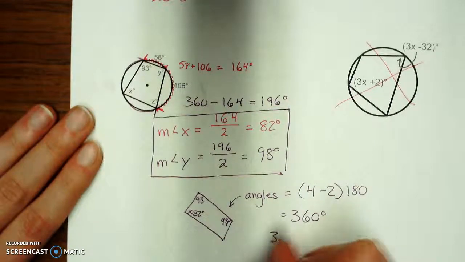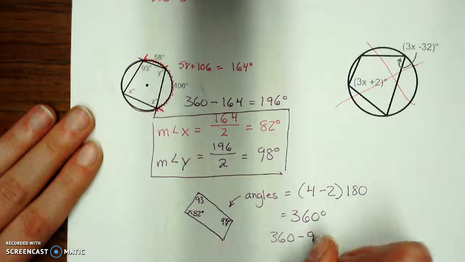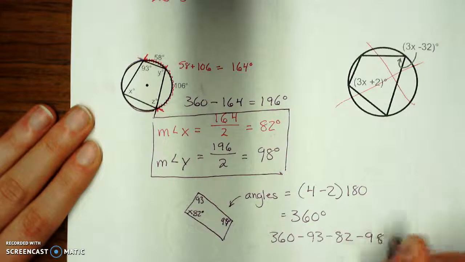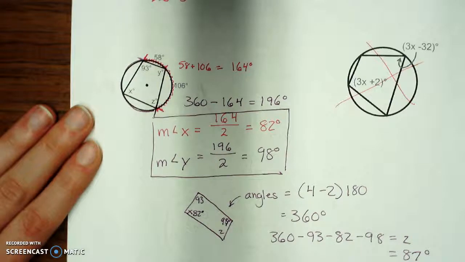So I'm going to take 360, subtract 93, subtract 82, and subtract 98, and I end up with my angle z, the one last one we don't have, and that's equal to 87 degrees.